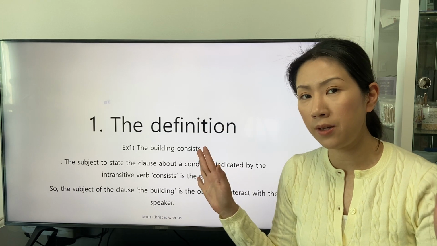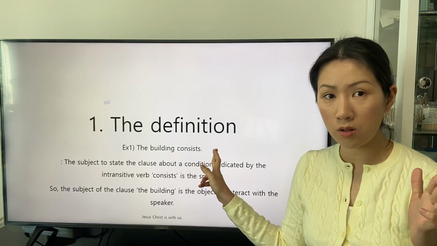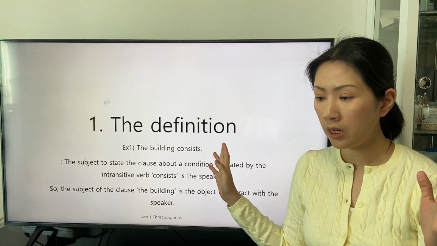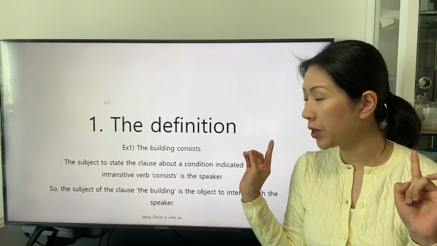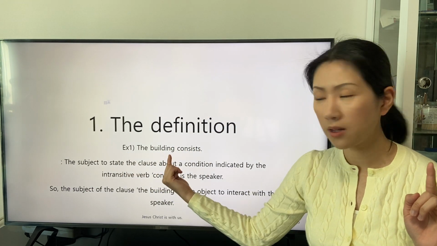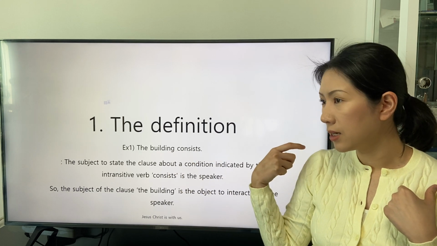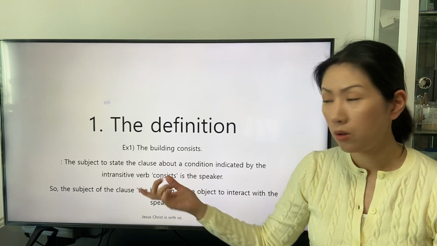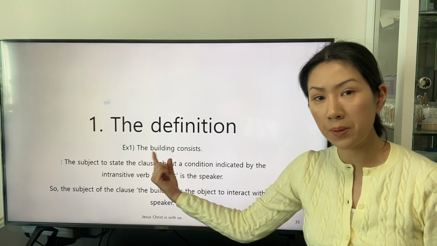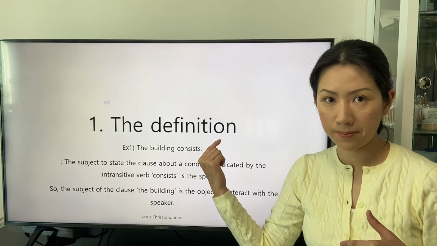From this perspective, we can interpret this clause in this way. The speaker stares at the subject, the building, and the speaker states how the subject, the building, is with the intransitive verb consists.